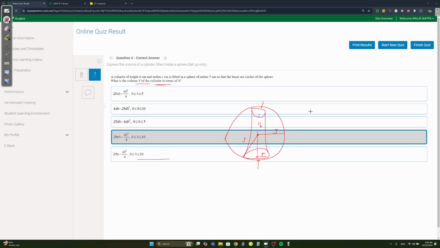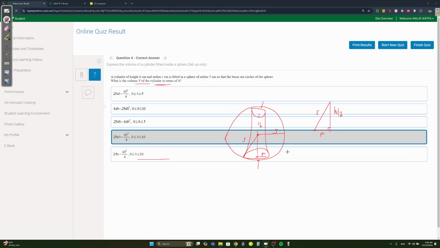So I can get a triangle whose hypotenuse is 5. It's right because the height is always perpendicular. What's the length of this leg? It's h over 2. Why h over 2? Because you're cutting the cylinder in half, right? And you have r down.